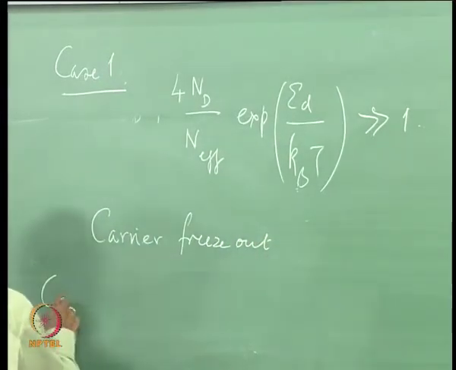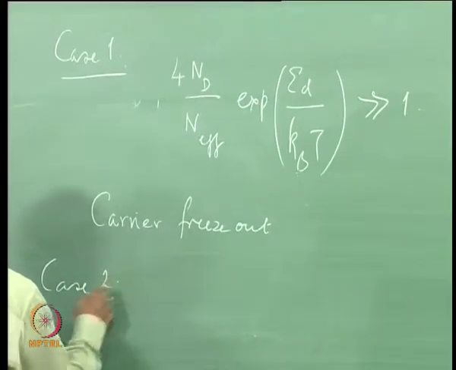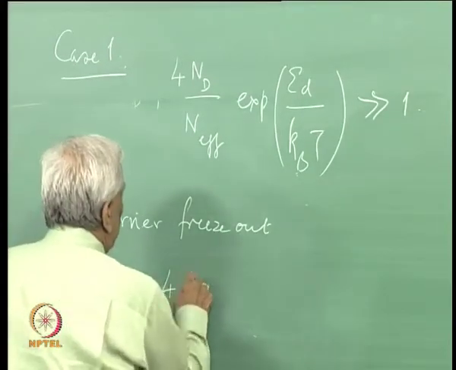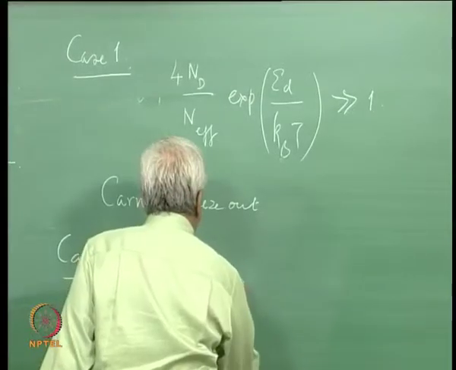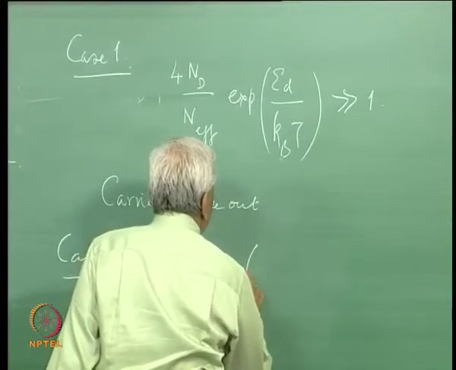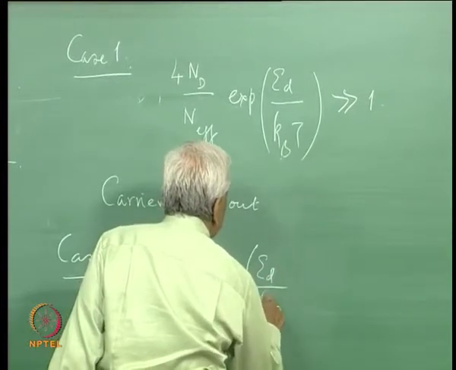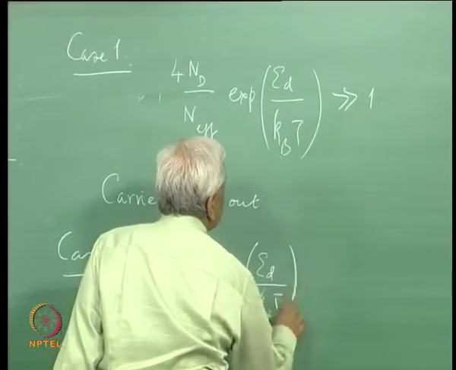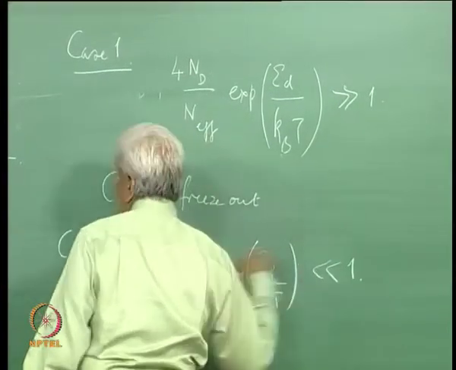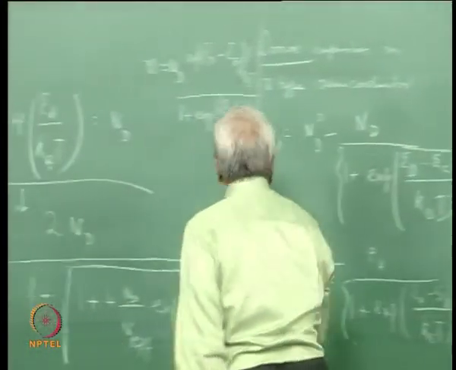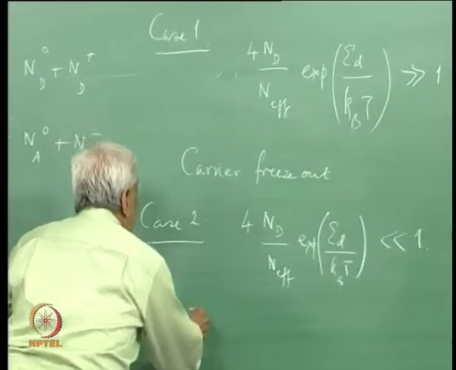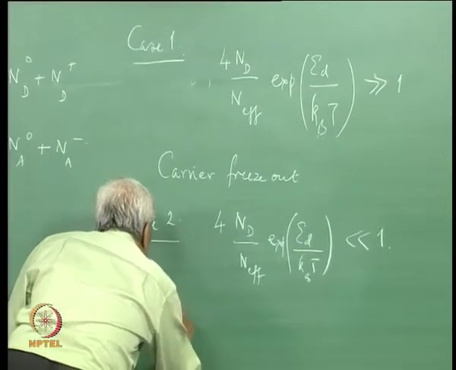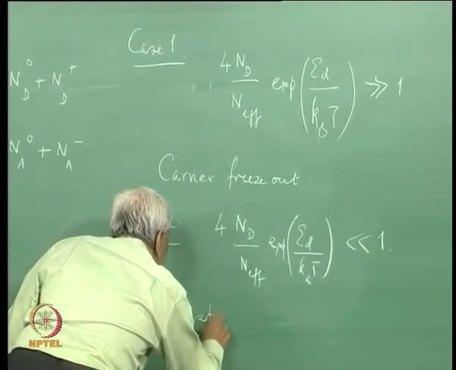Whereas the second case is when this factor is small in comparison to 1, so that this can be neglected and we have a constant concentration. So, this is the saturation region.